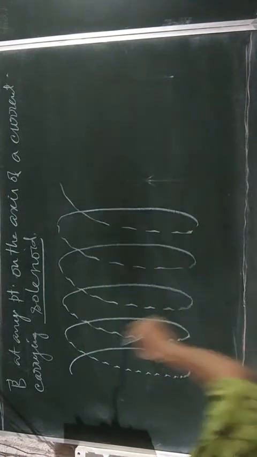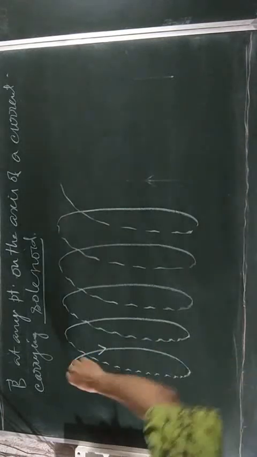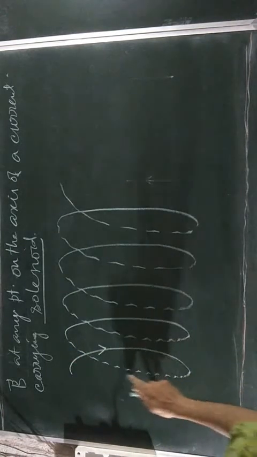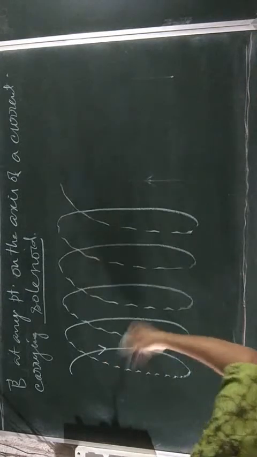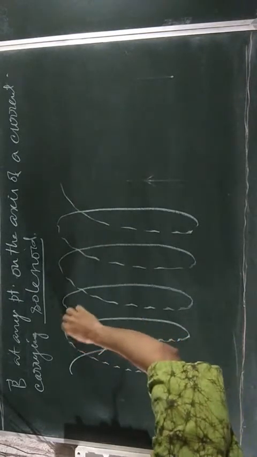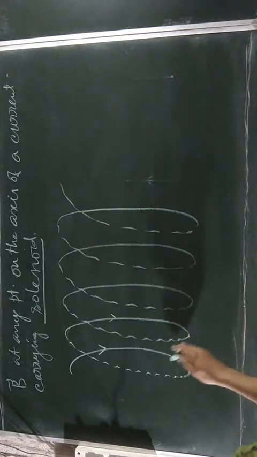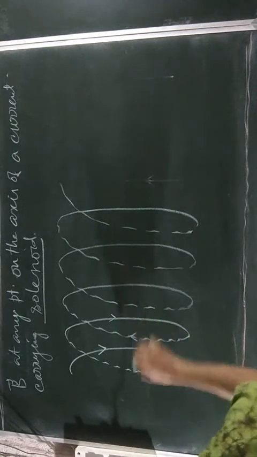So if a current flows this way and it moves up that way behind, then again it comes in front this way and it goes behind that way.